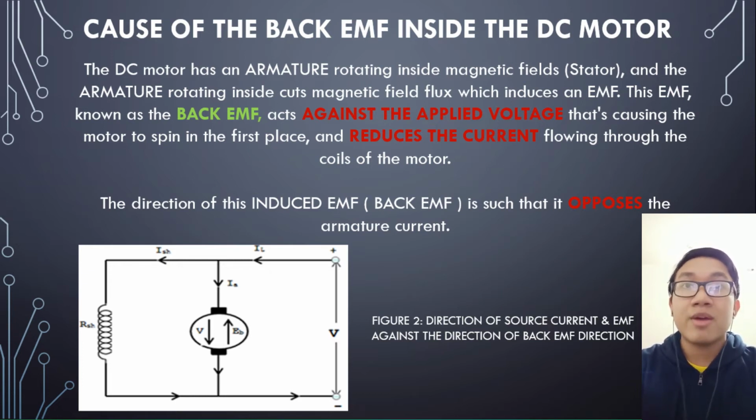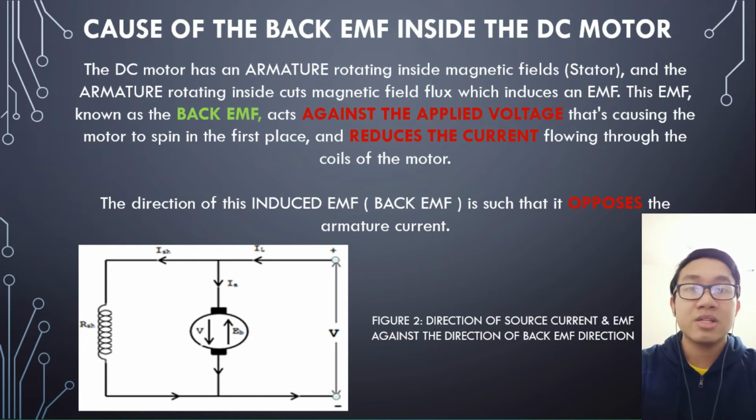The back EMF acts against the applied voltage that is causing the motor to spin in the first place. So it reduces the current flowing through the coil of the motor. When there is a back EMF, the current is reduced. If we increase the back EMF, the torque speed changes, which I will discuss later in this presentation, along with the relation of back EMF with torque speed, current and load.